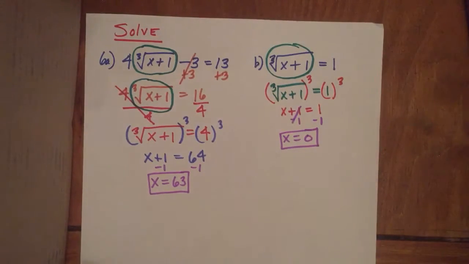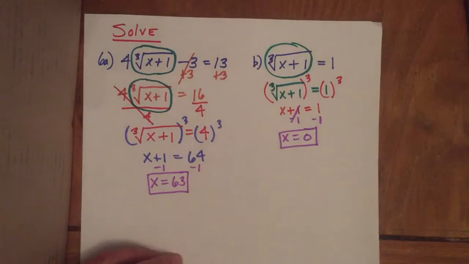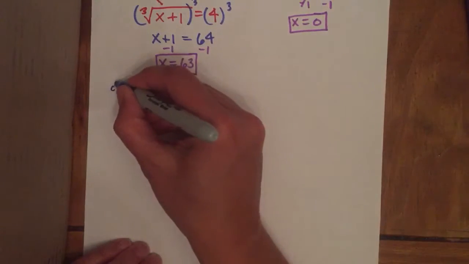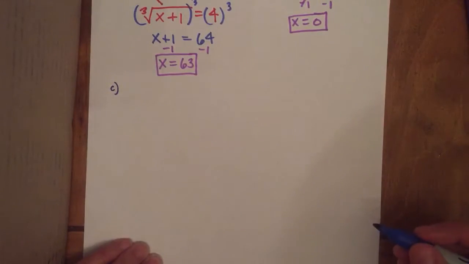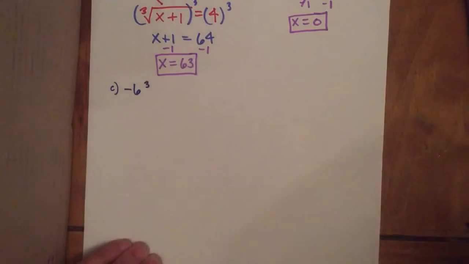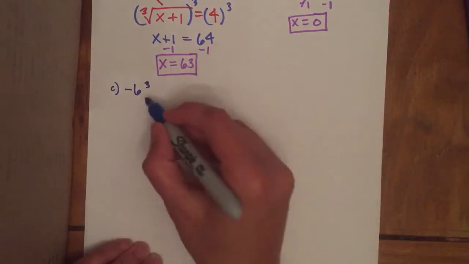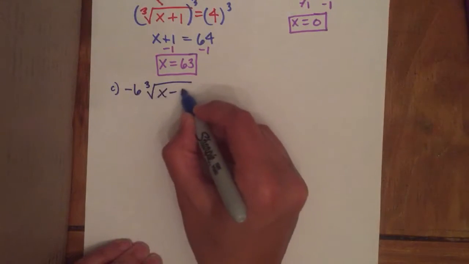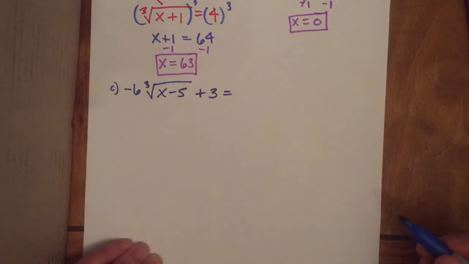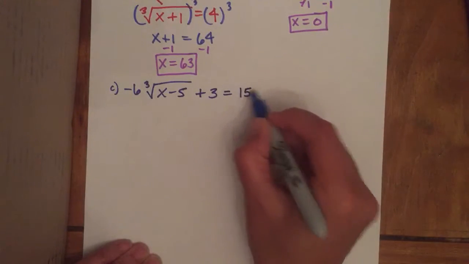Let's do one more, and let's do C. I'll move the paper up a little bit, and we'll do 6C. 6C is negative 6 times the cube root of x minus 5, plus 3 equals 15.